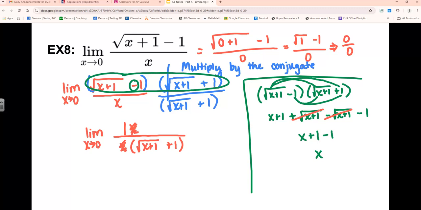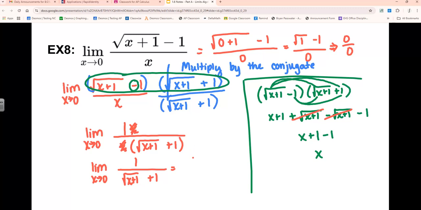A lot of kids just get rid of the fraction altogether and put it in the numerator, which would be incorrect. So we're looking at the limit as x approaches 0 of 1 over square root of x plus 1 plus 1. Usually when that cancels, most of the time, you're now to the point that you can do direct substitution.